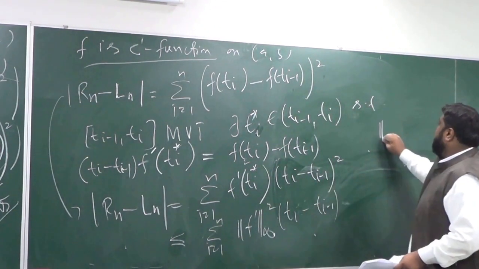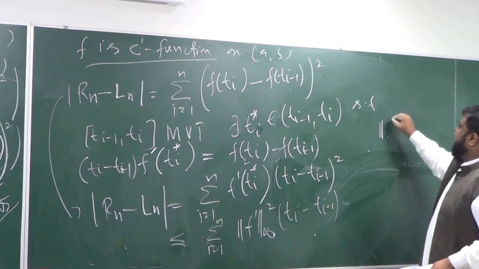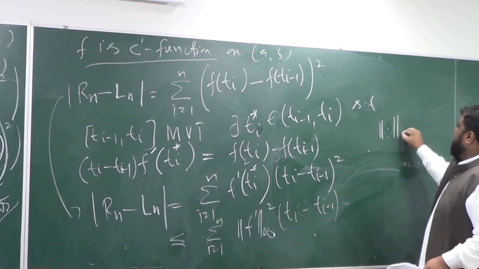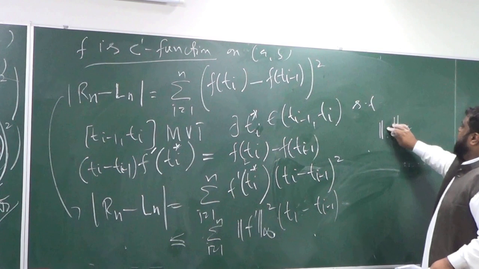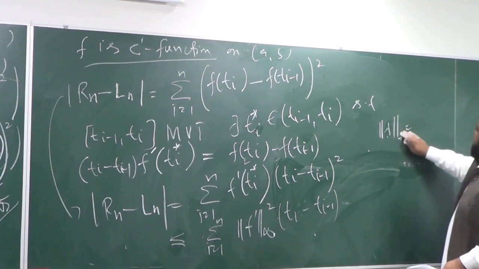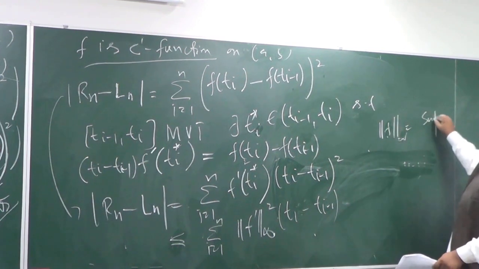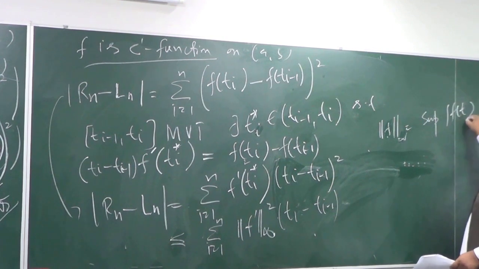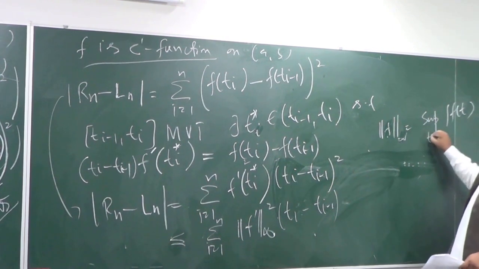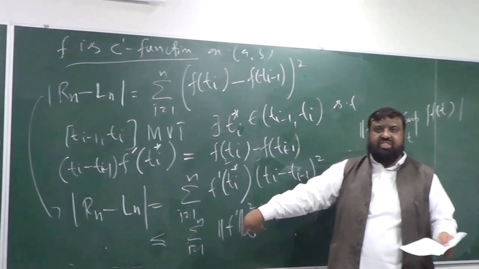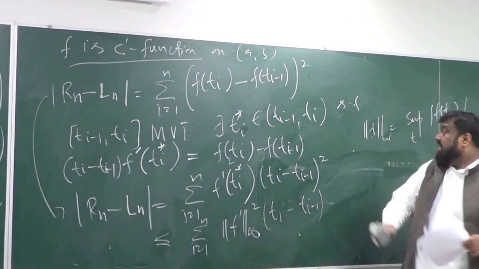Remember the infinity norm? By the infinity norm, I mean the supremum norm of this, the supremum of the values of the function over the interval Ti minus 1 to Ti.